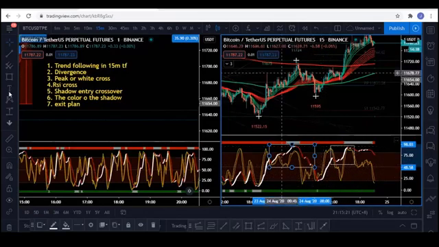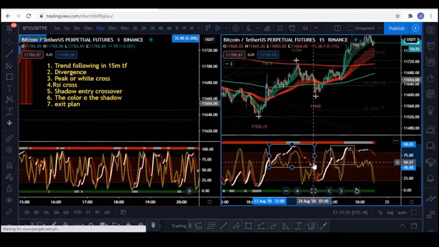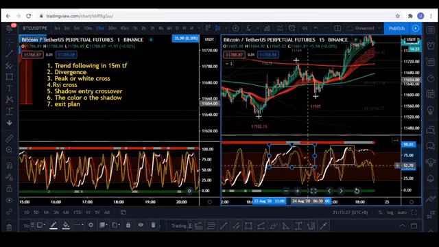When the shadow reaches our 60 to 55 area, 60 to 50 area, meaning to say there will be a possible change in our trend.